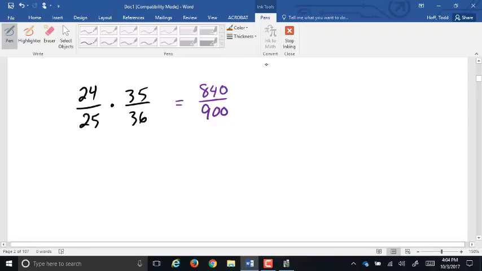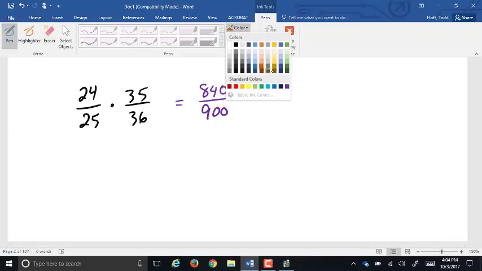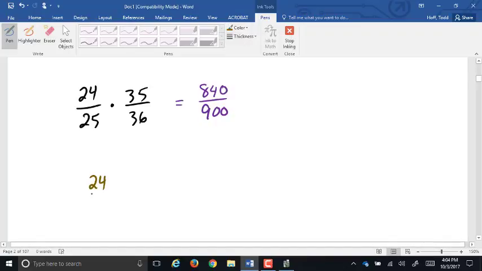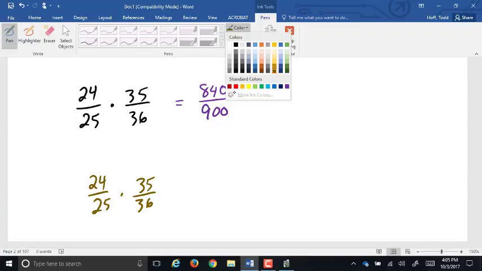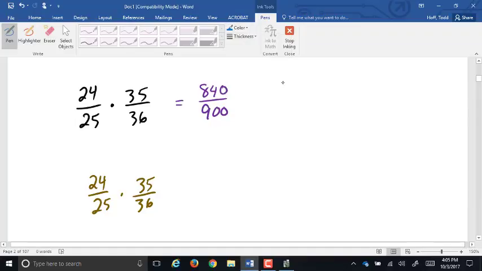Well, 840 over 900 is kind of ugly to reduce, but we could reduce it down. Or I could look at 24/25 times 35 over 36. And I could cross cancel. What can cross cancel here?